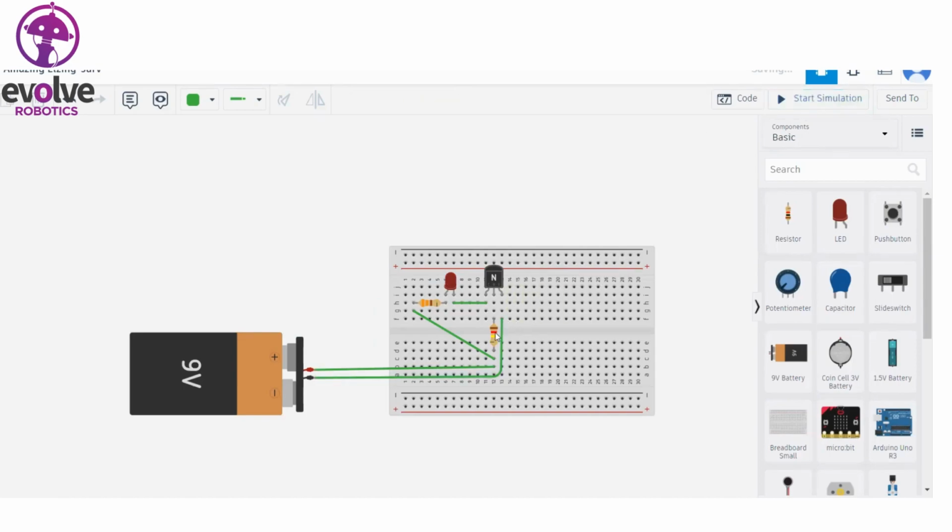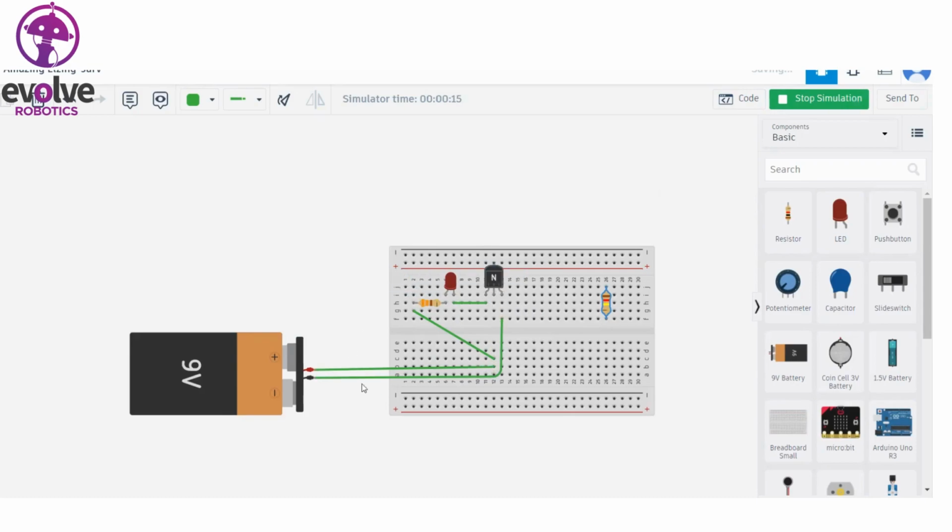I disconnected the connection to the base and removed this resistor, and look at the base, we have no connection. At that time, I started the simulation and just look, the LED is in off state. But look, we connected the positive side of the battery to the LED's anode, and the negative side is connected to the transistor emitter.